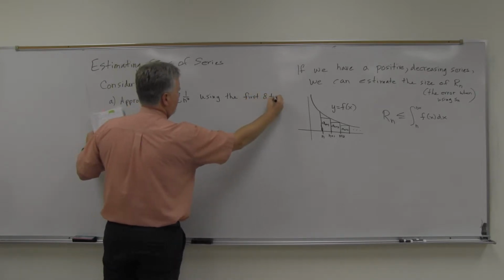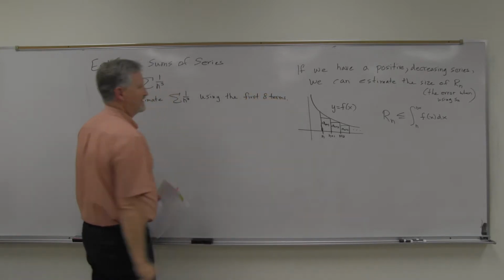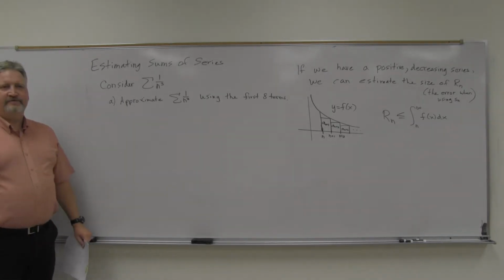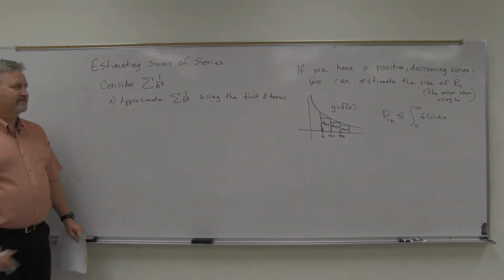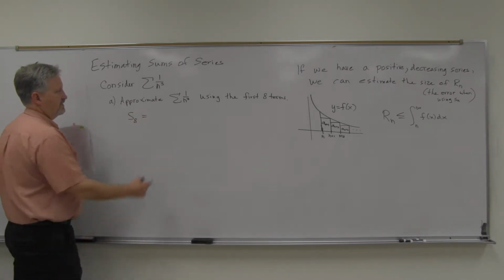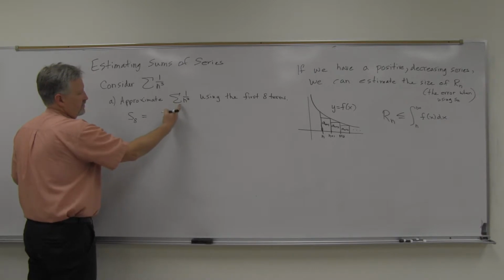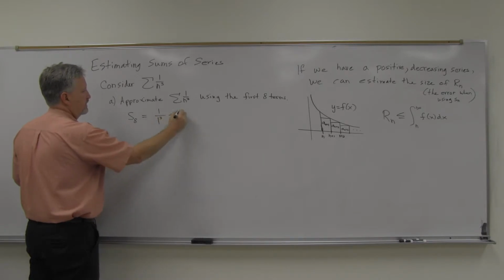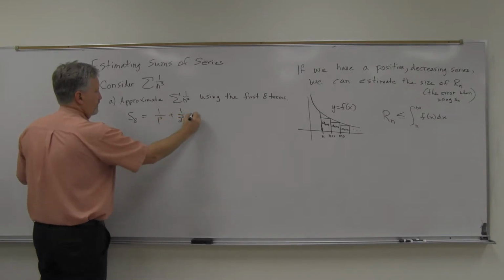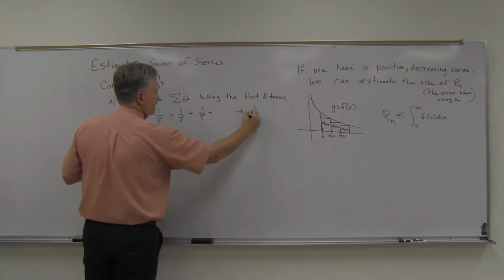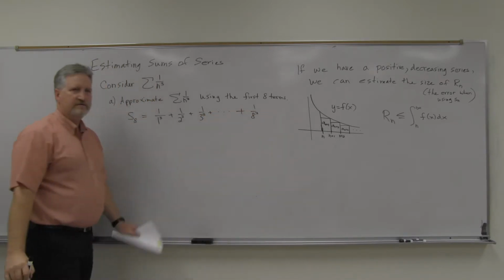Like I said, it's not hard to estimate one of these series because you just do a partial sum. In this case, I'm going to do s sub 8. What would s sub 8 be? If there's no index given, it starts at 1. So the first term would be 1 over 1 cubed, and s sub 8 would go up to 8: 1 over 2 cubed, 1 over 3 cubed, all the way out to 1 over 8 cubed.